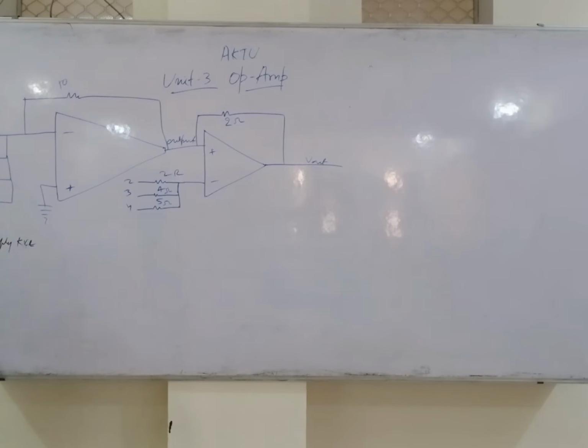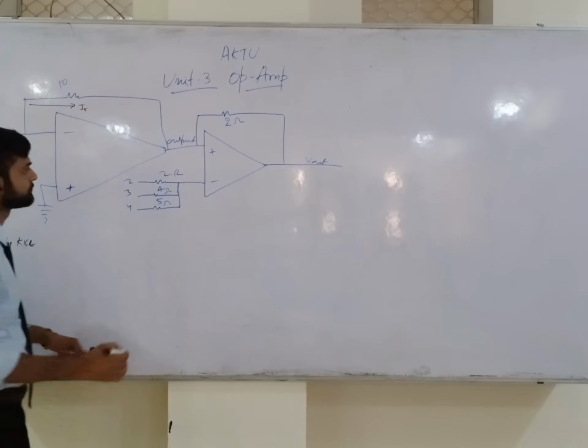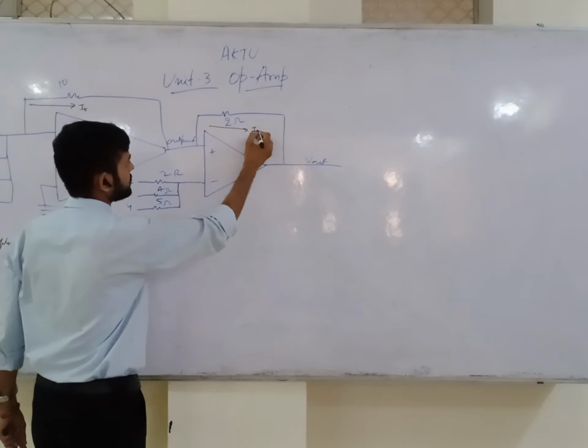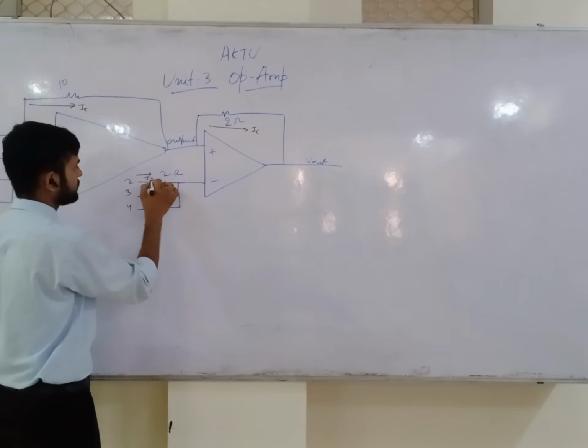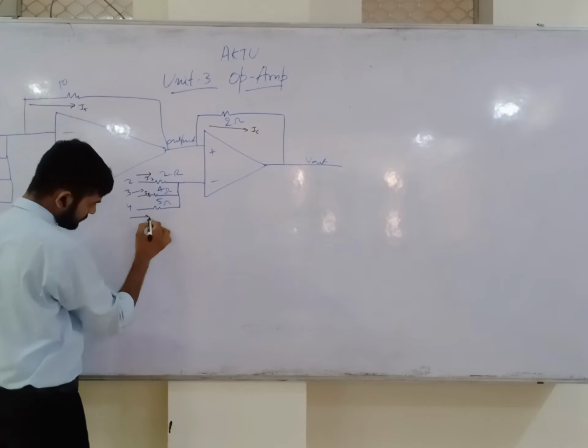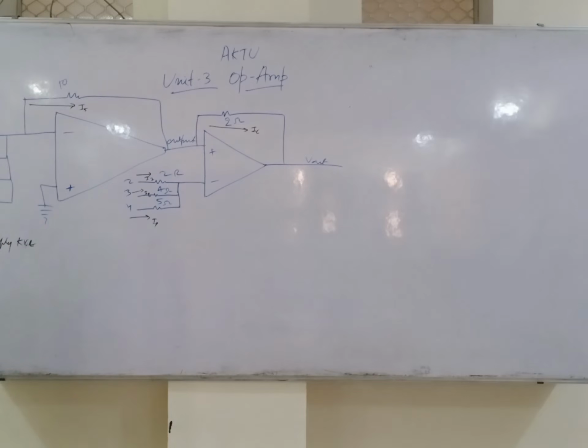Now from this side, currents I1, I2, I3, I4, I5, I6, I7, I8, I9. This is totally 9 currents. So we can say that I1 plus I2 plus I3 plus I4 is equal to I5.